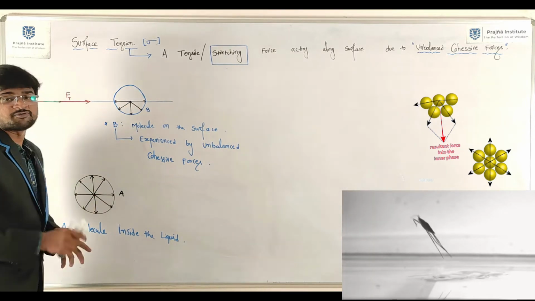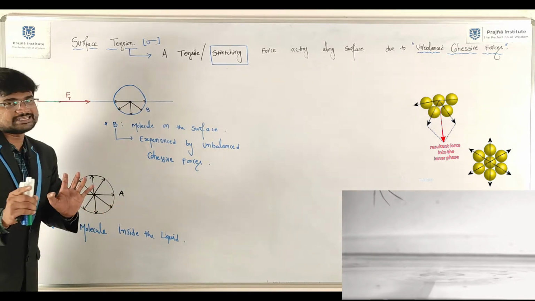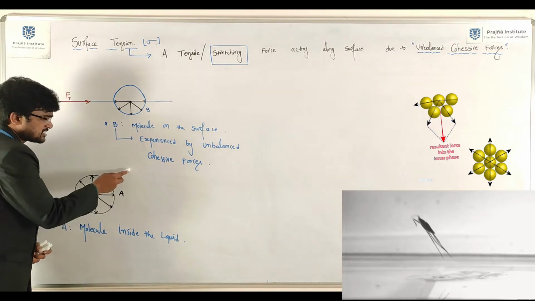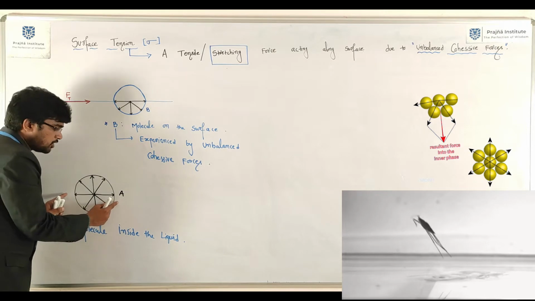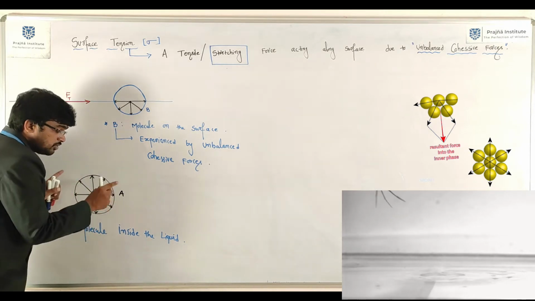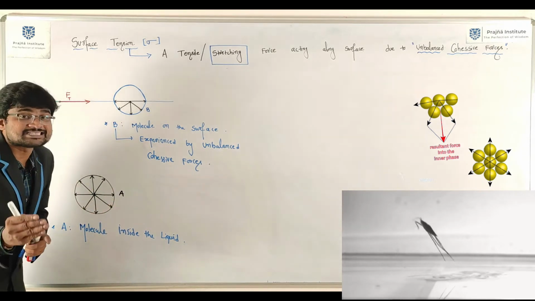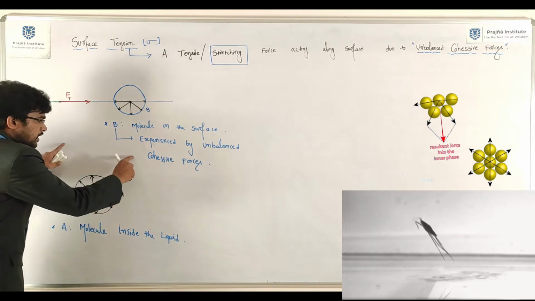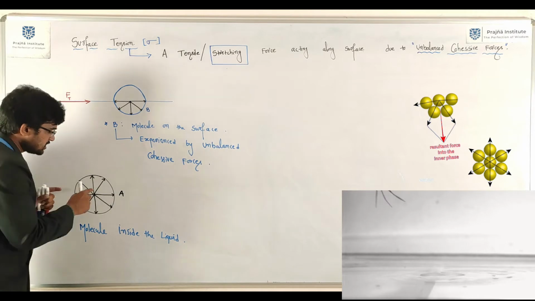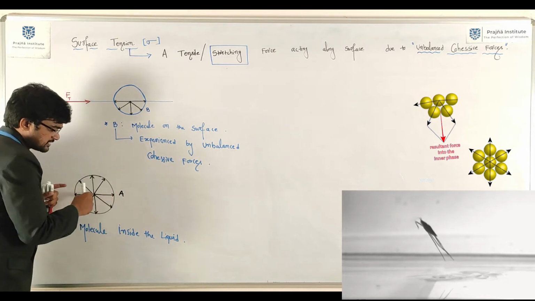Okay, now first focus on the molecule A. Here there are similar types of molecules surrounding the molecule A. Molecule A experiences cohesive forces with the surrounding fluid molecules. These are the cohesive forces.